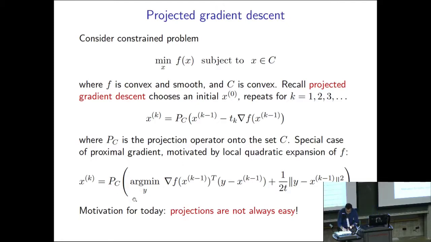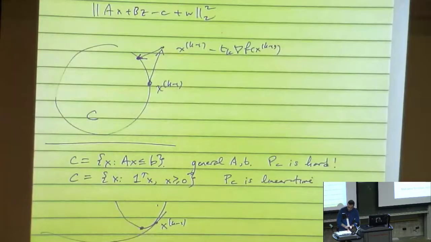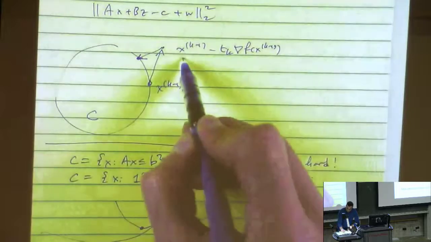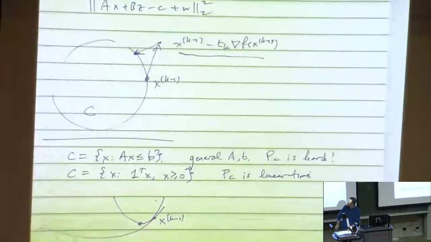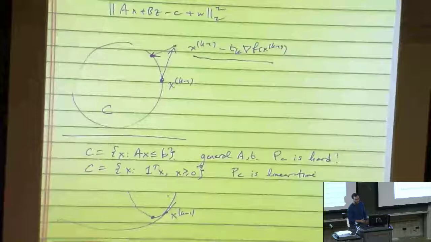So we have our function. We make a quadratic approximation to our function around some point, x^(k-1). That brings us to this point, which is the minimizer of the quadratic approximation. That is the gradient step of this form. So it's the same motivation as for gradient descent. We just always project onto the constraint set.